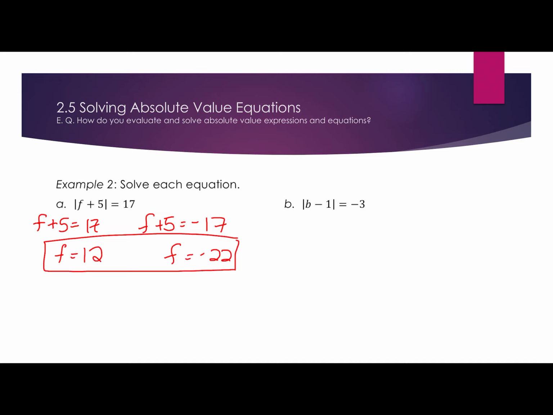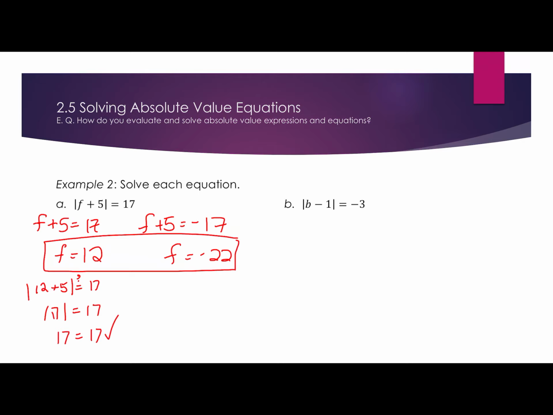So now let's check this to make sure it works. So if I substitute in 12 into the first expression, I'm putting a question mark above the equal sign because we're not really sure that the left side is equal to the right side. So 12 plus 5 is 17, and the absolute value of 17 is 17. So in our check, we did find out that 17 equals 17, so 12 must be correct.